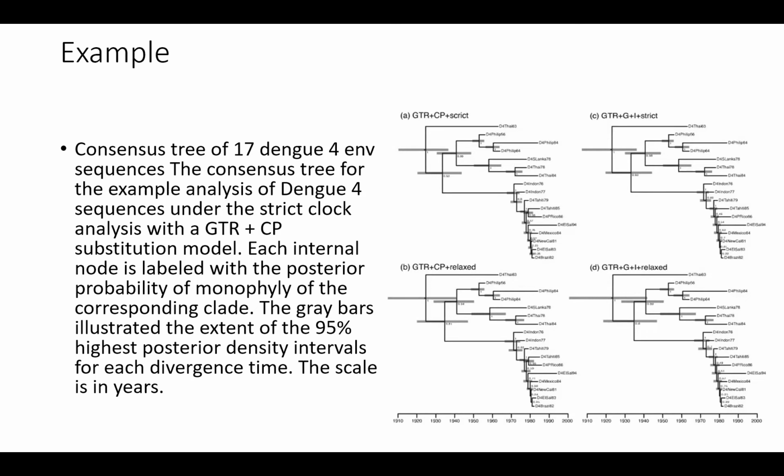Strict and relaxed clock models, assuming constant population size, were tested. Each analysis involved 10 million Markov chain Monte Carlo steps with substantial effective sample sizes. The GTR plus CP model fit the data better than the GTR plus gamma plus I model and supported a different tree topology. Little difference between strict and relaxed clocks was found, suggesting clock-like evolution. Next slide, please.